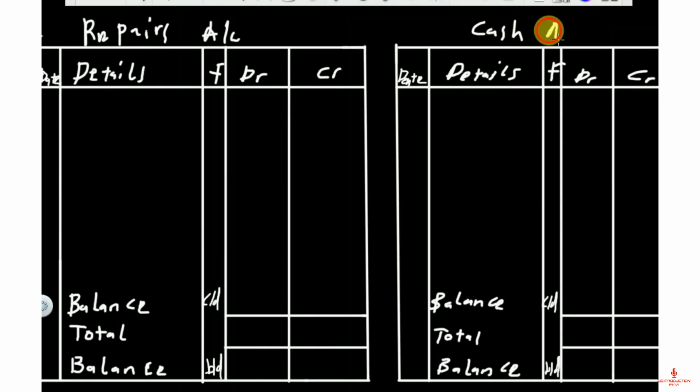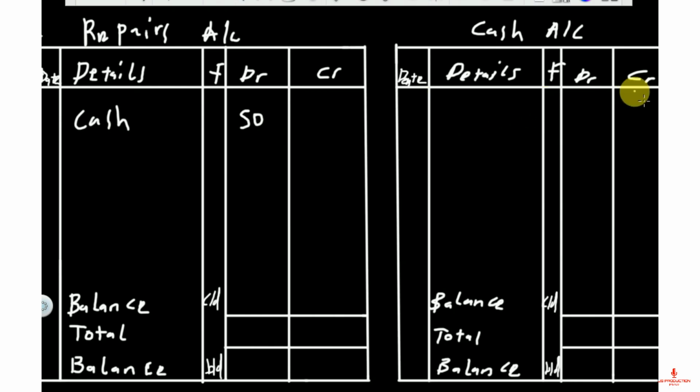So we're going to have the repairs account and the cash account. So the sole trader paid for repairs amounting to 50 kwacha by cash. So in the repairs account there, we're going to record cash. He paid by cash. That's going to be on the debit side, since expenses have the debit side. Since he paid by cash, that means money was going out of the business, and we're going to record that on the credit side.